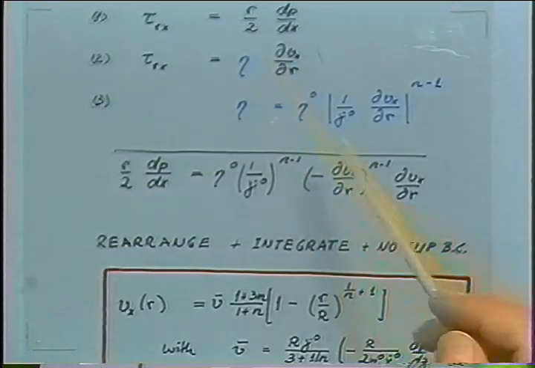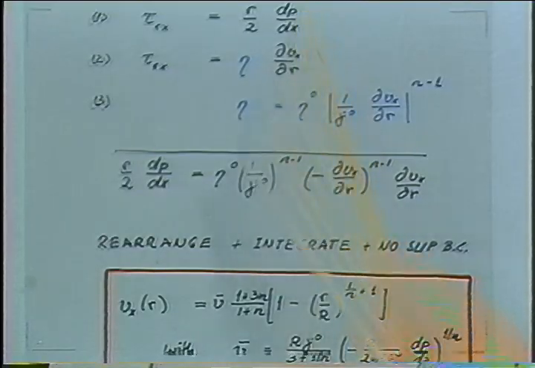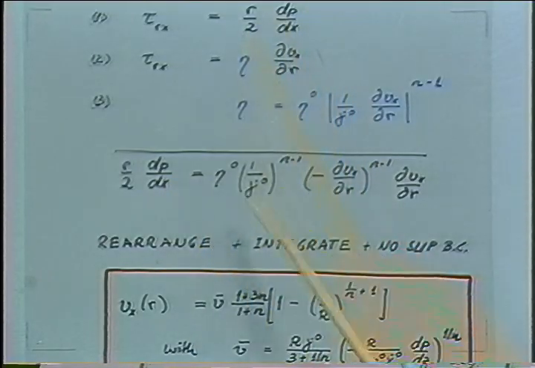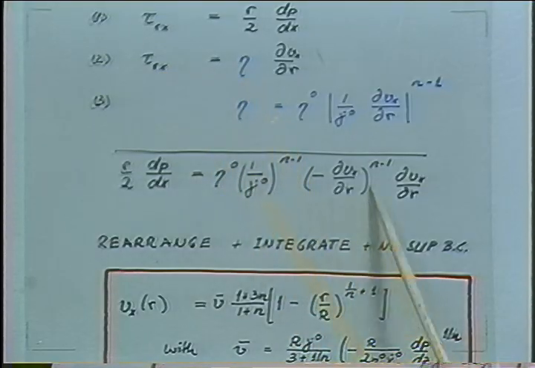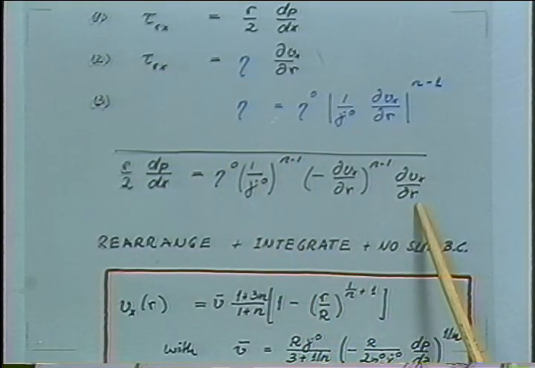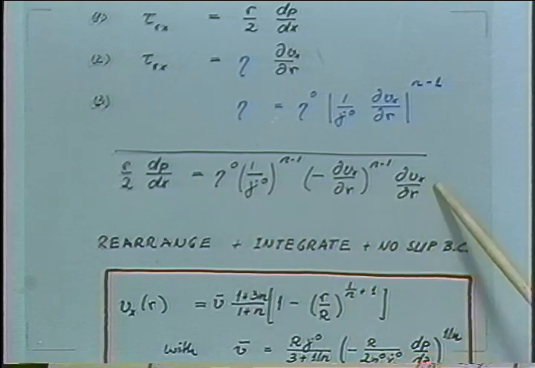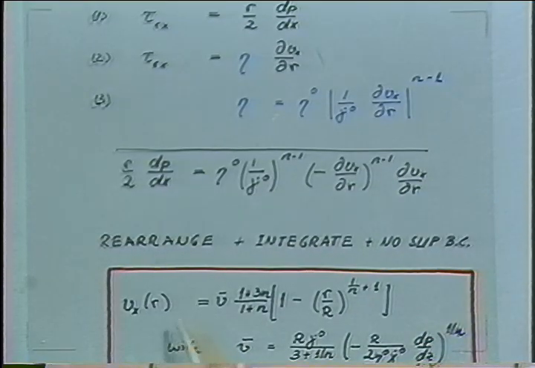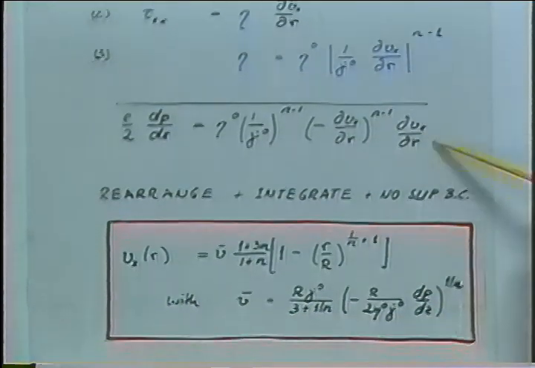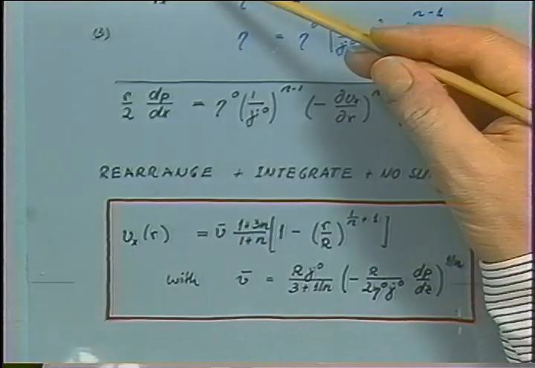And we rearrange everything, then you get the pressure gradient times R over 2 given by the shear stress, and the shear stress is given by the viscosity times the shear rate. And you can integrate this now. We already integrated once to get the shear stress.